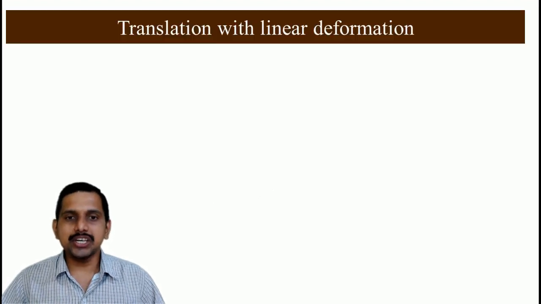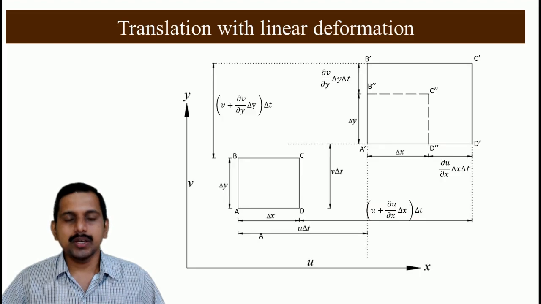Next, translation with linear deformation. When translation happens with linear deformation, the velocity is given by V = Ui + Vj. Here u and small v are the velocity components in the x and y direction.